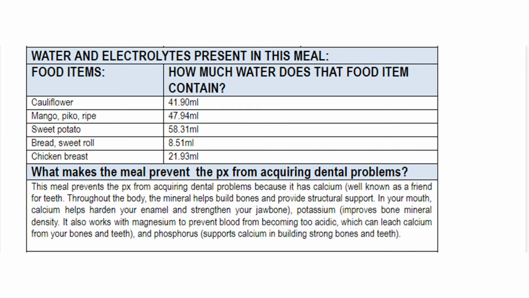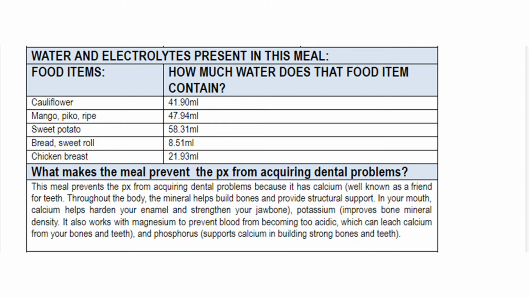The water content of cauliflower is 41.90 ml, mango pico ripe is 47.94 ml, sweet potato is 58.31 ml, bread sweet roll is 8.51 ml, and the water content of chicken breast is 21.93 ml.